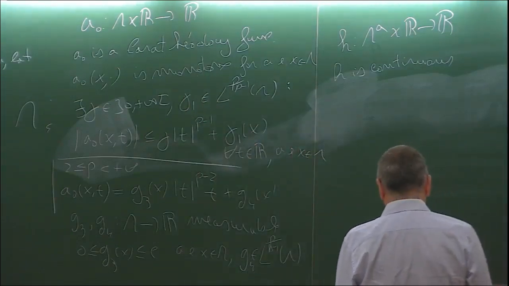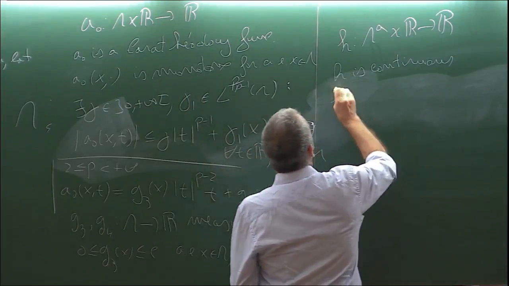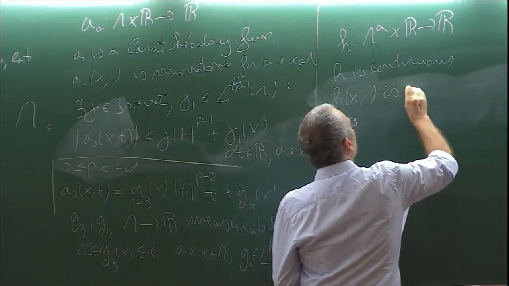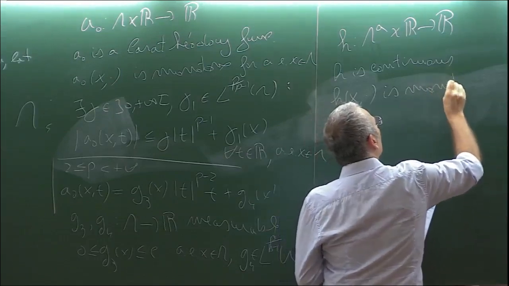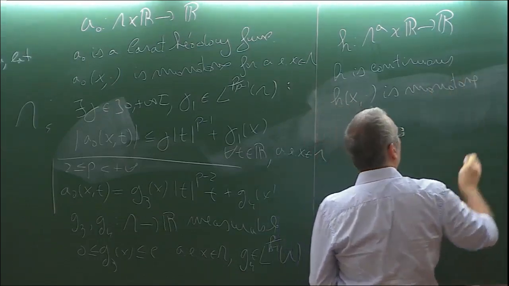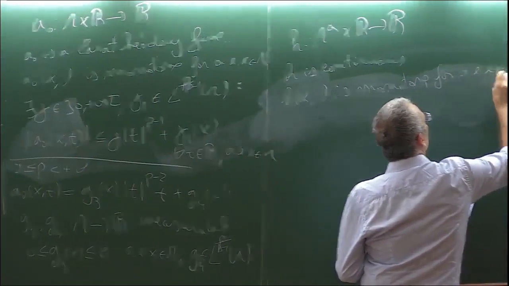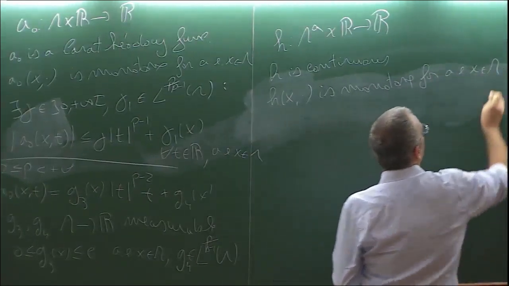H is a continuous function, and H of x, point, is monotone for almost everywhere x in omega A.